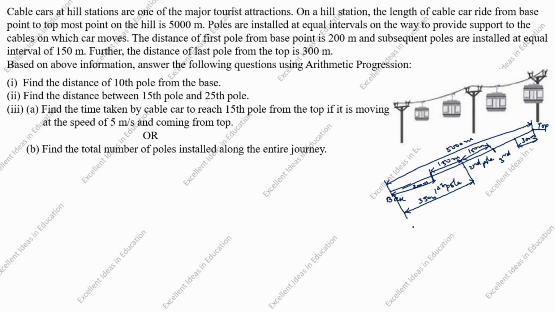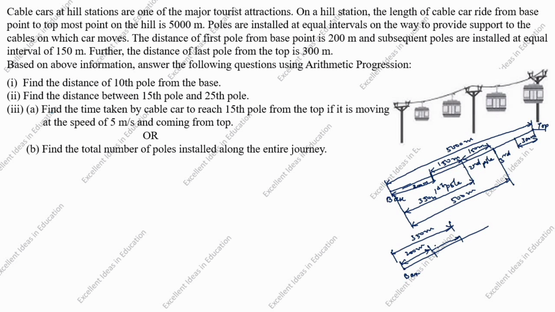From base to third pole is 350 plus 150 is 500 meter. I will draw here. This is base. First pole from here to here is 200 meter. From here to second pole is 350 meter.